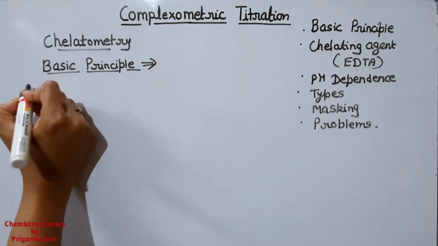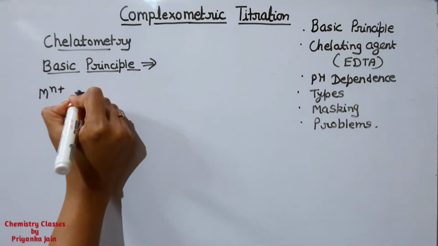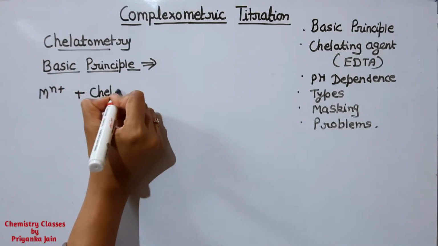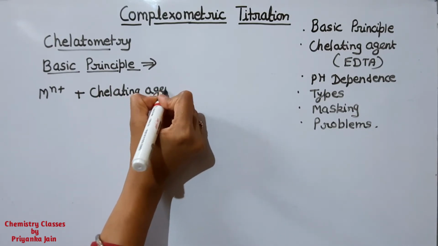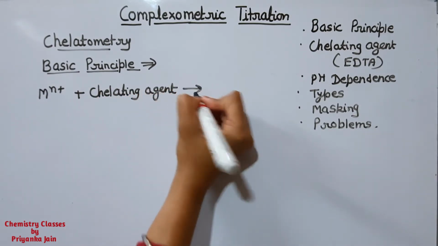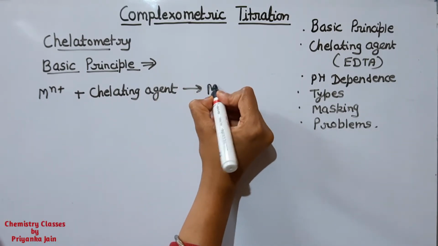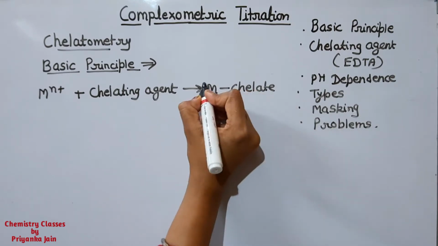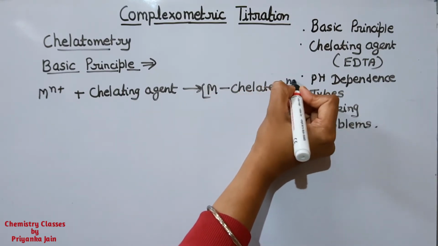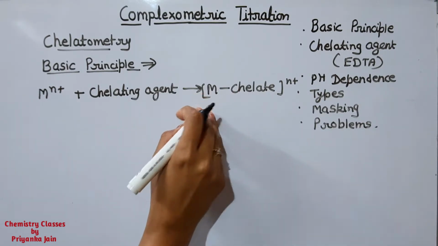Suppose we are given a solution in which metal ions are present. This is the metal ion, and when we add the chelating agent to it, what will happen? The chelating agent has the tendency to form a complex, so it will form the metal chelate complex in this manner.